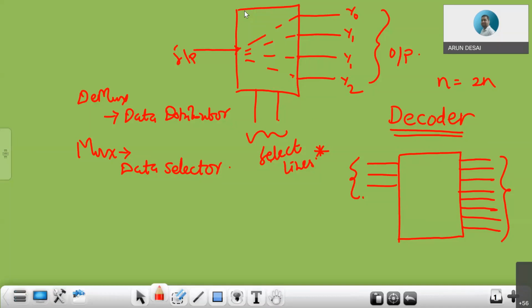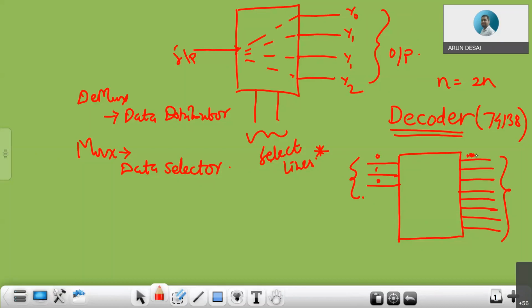So based on those input lines, you can have the output. Where is this used? The IC 74138 is used for binary to octal code conversion; it decodes. Suppose the input is 000, then one particular output line is active in that case. So this is simply a decoder.